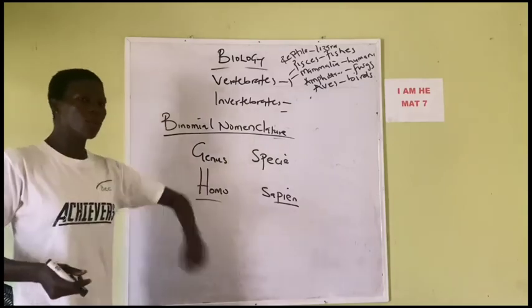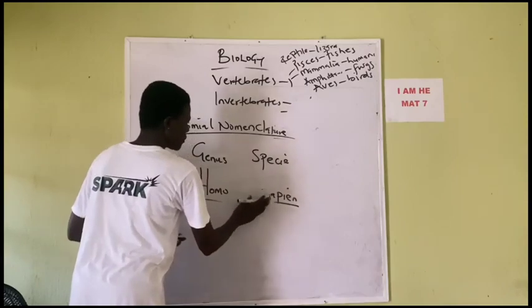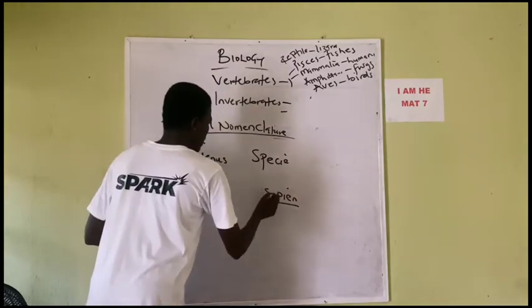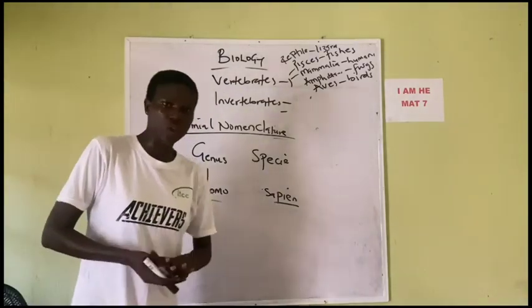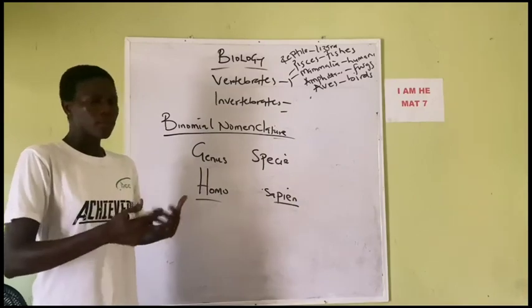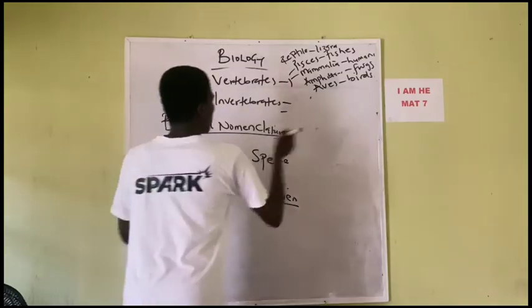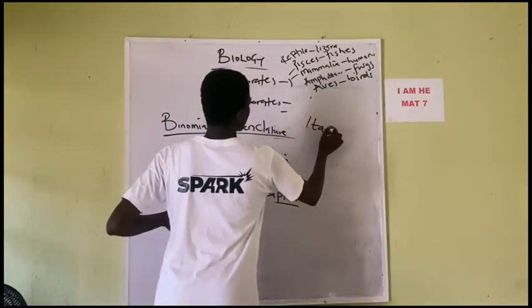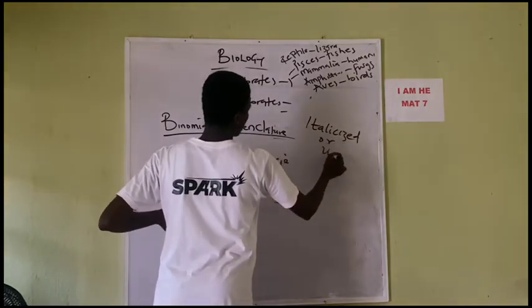For the species name, the other one starts with a small letter. That's what I wrote here. Also, if you have an assignment and you want to type these names, you italicize them, or you underline them. Please take notes.